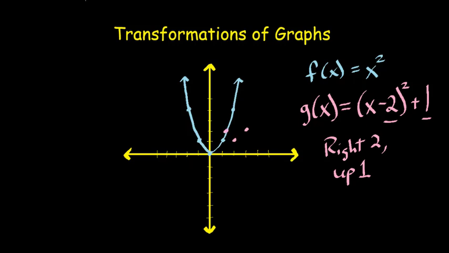And we could take this point, -2, 4, shift it 2 to the right and up 1, and it will land right here on the y-axis. And the point 2, 4 will shift up 1 and over 2 as well. So here is our new transformed graph. Next, let's take a look at some examples working with the absolute value function.